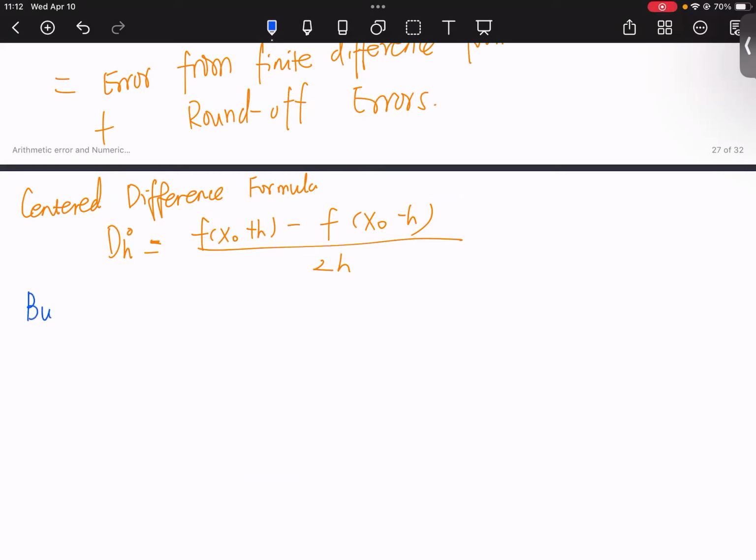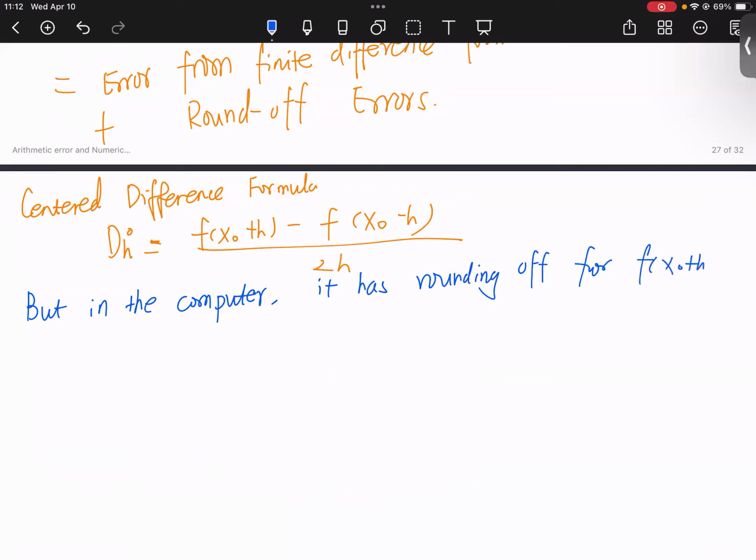But in the computer, we have some rounding off for the items f(x0 plus h) and f(x0 minus h).